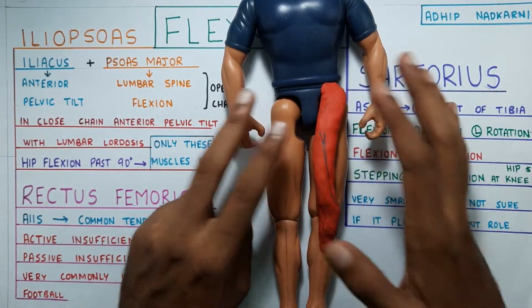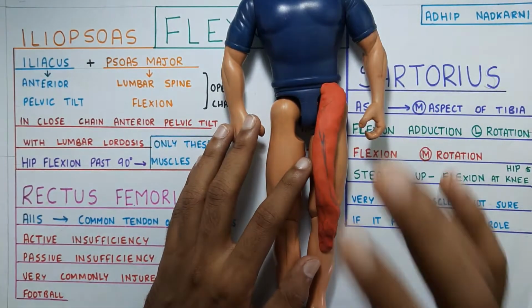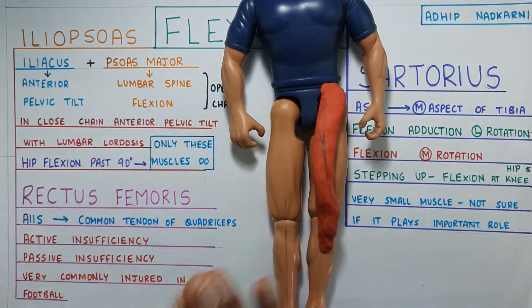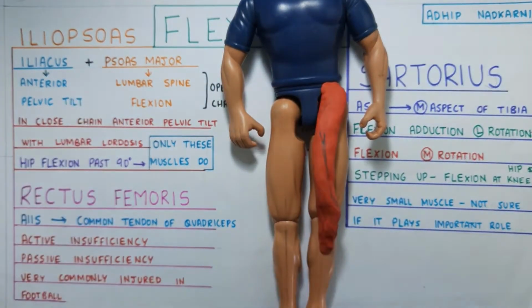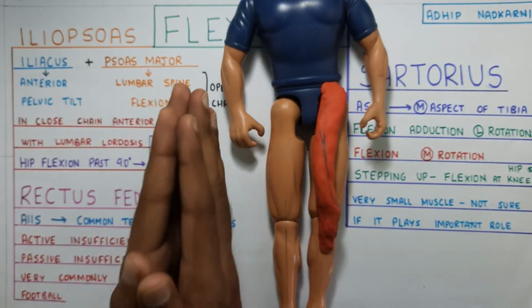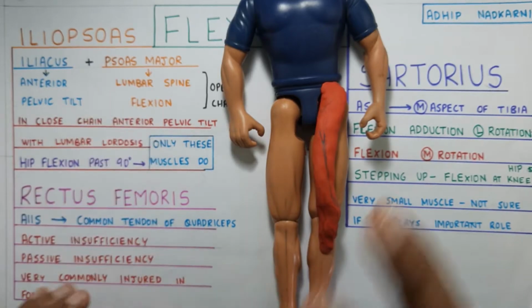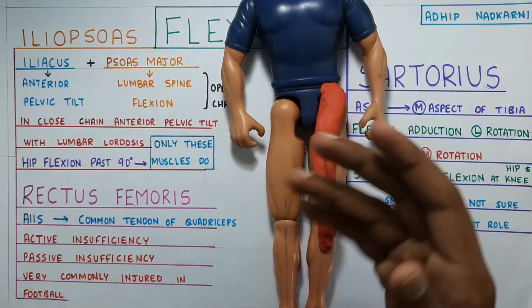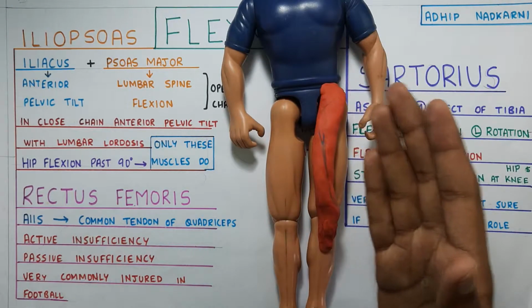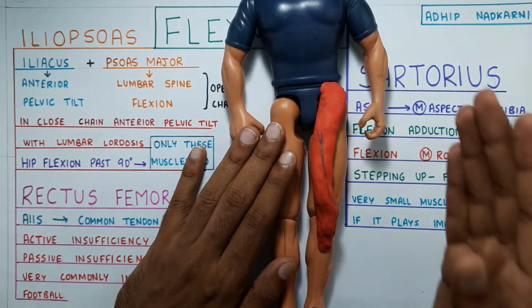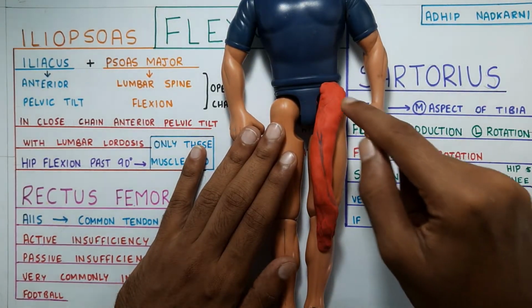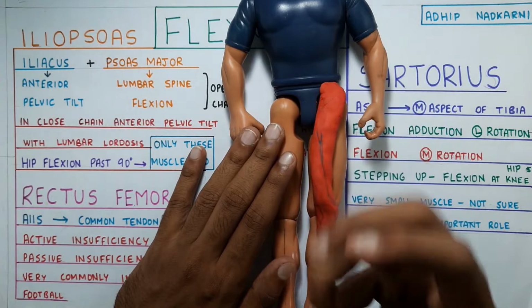Another two properties that you can mention under rectus femoris is active and passive insufficiency. Now whenever there is a two joint muscle, you have to talk about its active and passive insufficiency. If you already know about it, you can skip this part because I'm going to explain now what active and passive insufficiency is. Basically, active insufficiency is inability of the muscle to generate force at both the joints when it is in a contracted state.